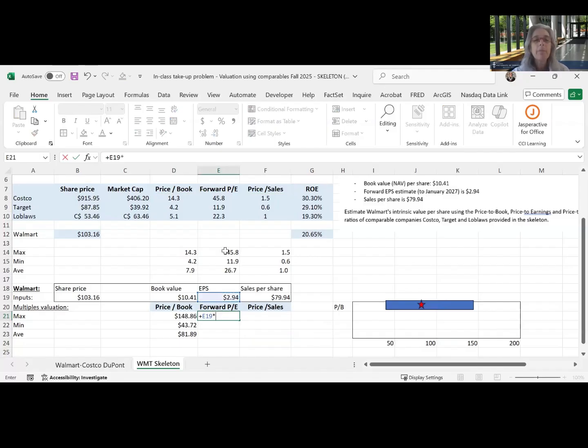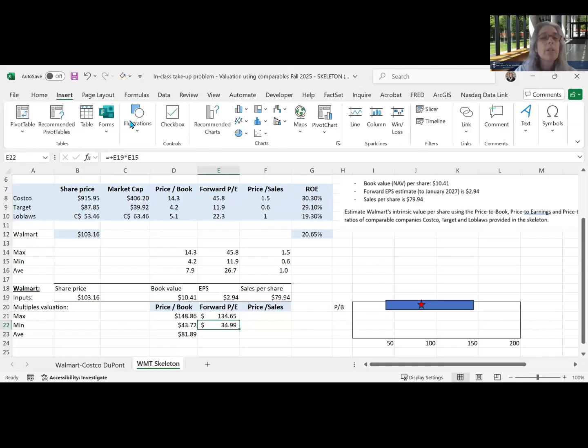The maximum of my comparables is 45 times, so I would say then it could be as high as $134, or maybe it's going to be at the low end of the range, so it would be $2.94 times 11.9 times, so that's $34. Okay, so if I was valuing it on a price to earnings, it would be between $35 and $134.